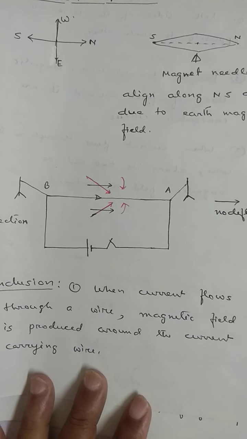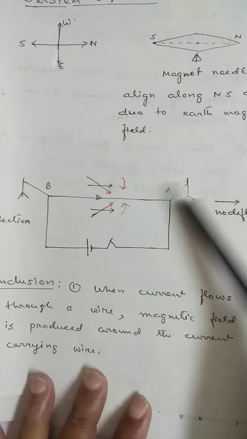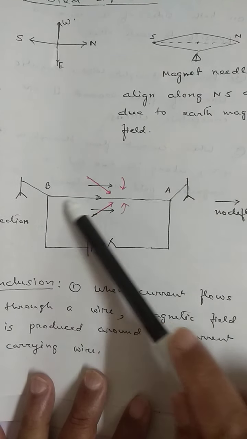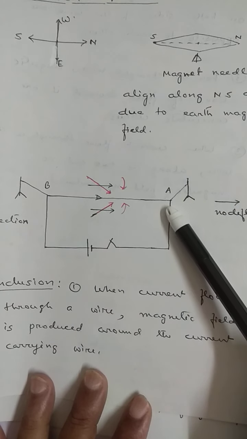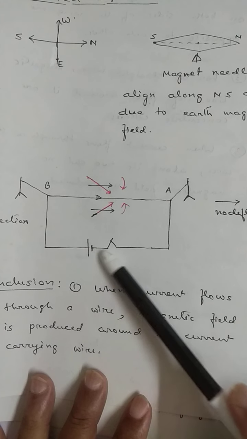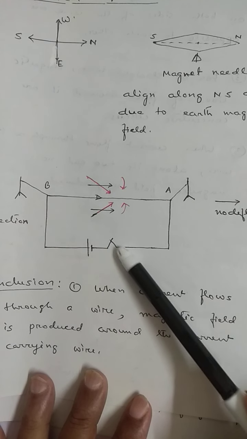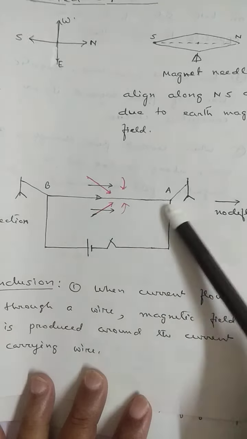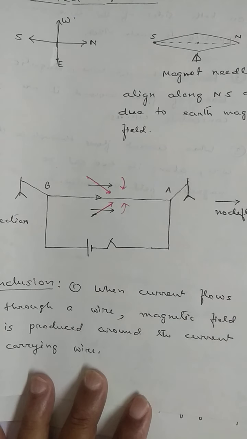That means I stretch a conductor AB between these two stands in the north-south direction, and a battery is connected using a key between the two ends A and B of the wire.